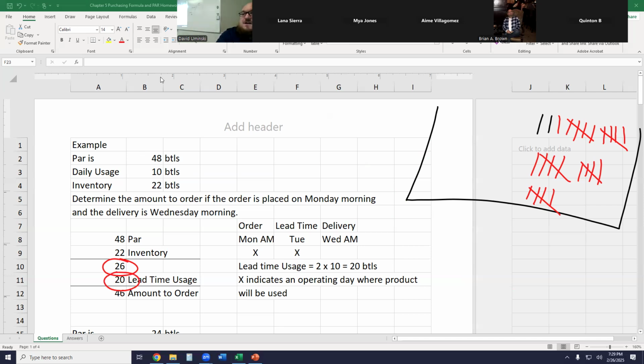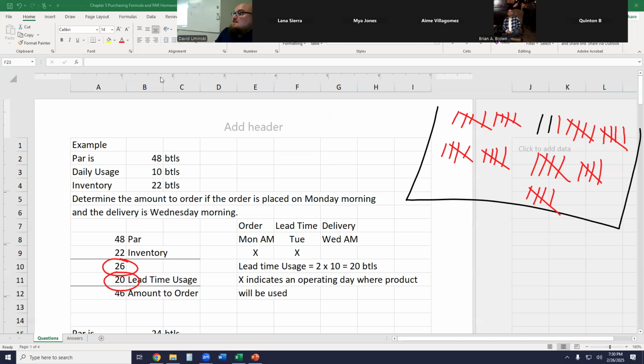So that when they do come in, 1, 2, 3, 4, 5, 6, 7, 8, 9, 10, 20, I am now up to my 48 bottles. That truck drives away. Does that make sense? That's why we need to take into account our lead time usage.